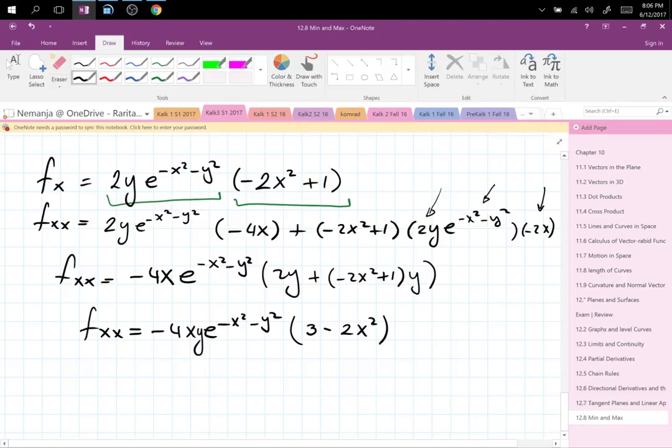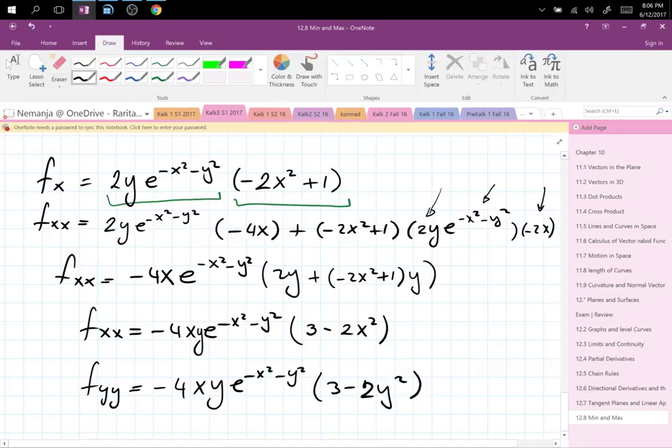There we go. So if this is your f_xx, then f_yy, because it was symmetric, so we don't waste time, has to look the same, except this is going to be like this. Awesome.